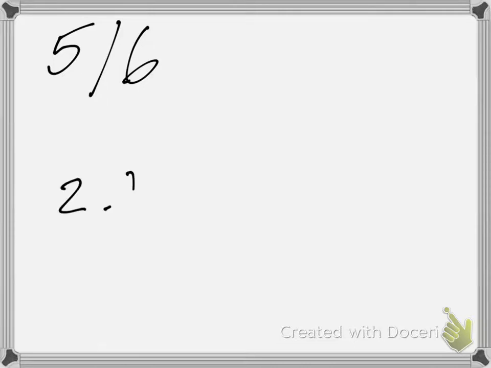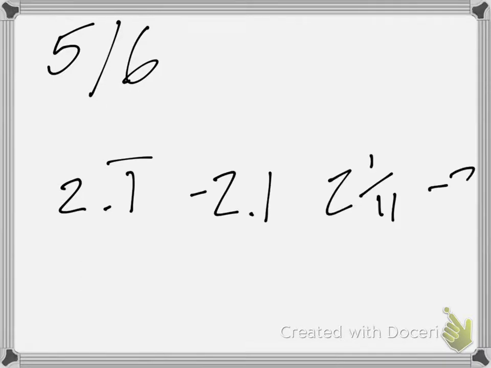One more thing, because this is also on your homework. If you look at 5 or 6, it says order the numbers from least to greatest. I want to look at number 6 because it's a little tricky. We have 2.1 going on forever, -2.1, 2 and 1/11ths, and -2.